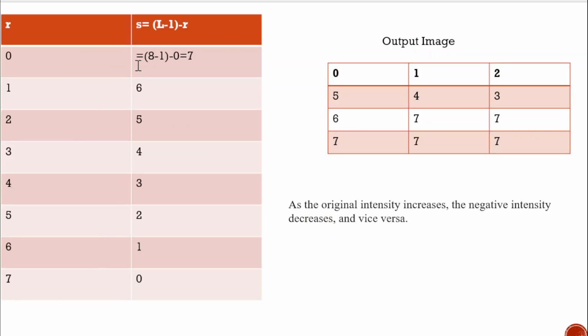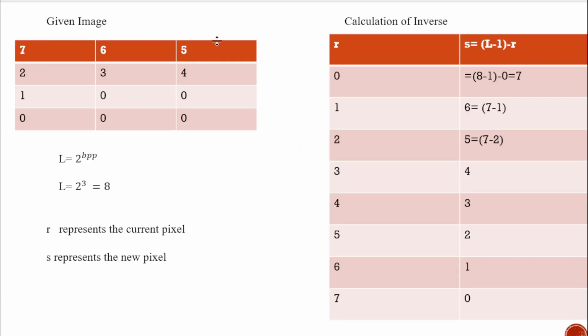Here is the final table that I showed you, and this is the output image. How do we create the output image? Looking at the input image, this is the given image. Here the value is 7 for the given image. This pixel has value 7, but the newly calculated value is 0.